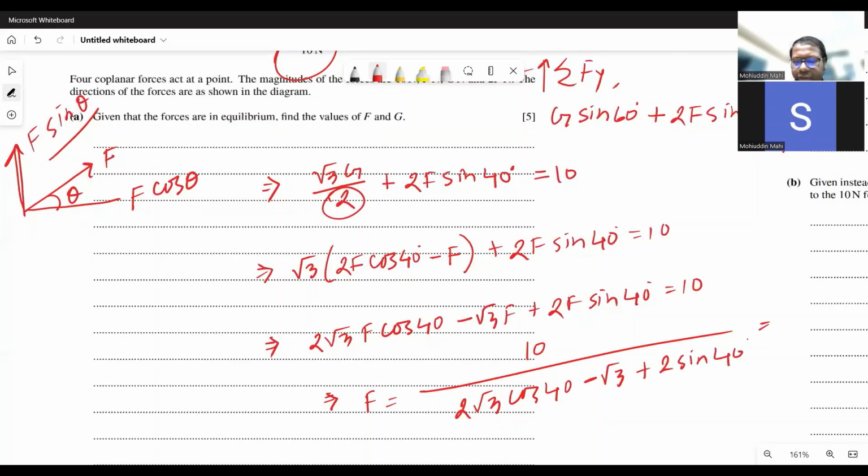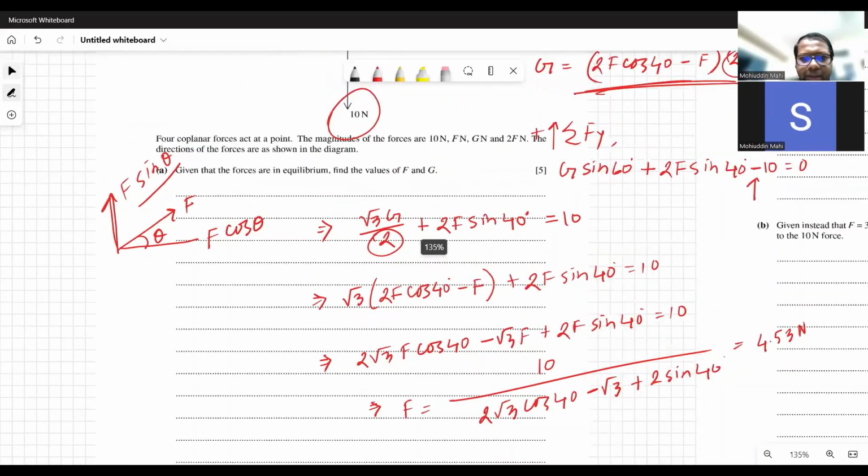So now if we calculate from here, the value of F is going to be 4.53 Newton approximately.